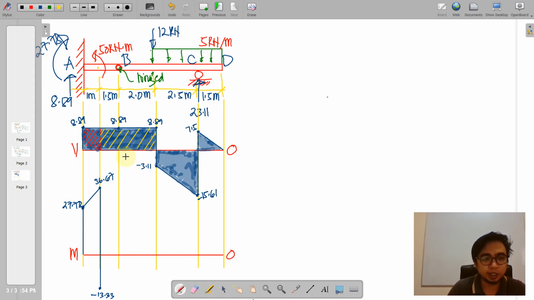The rectangle here with the base of 2 plus 1.5, that is 3.5 by 8.89, would yield 31.12. So 31.12 will be added to this negative 13.33. So it will yield 44.45. So we just connect that by a straight line.